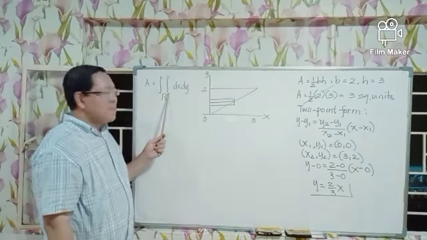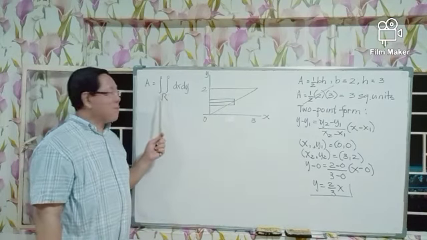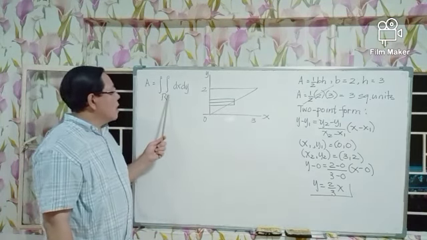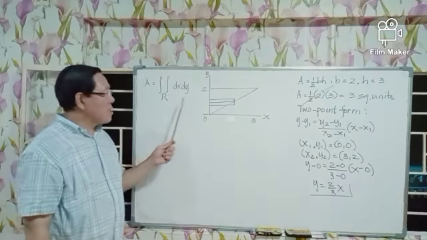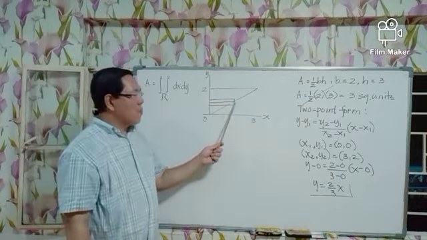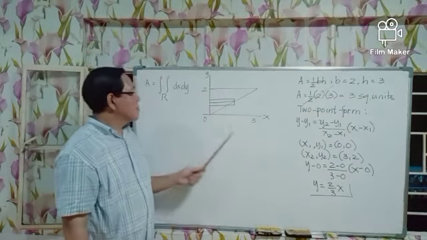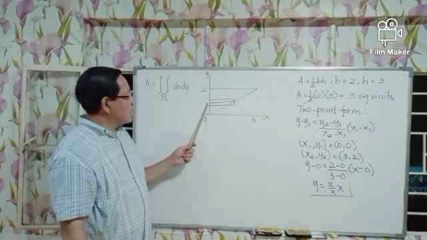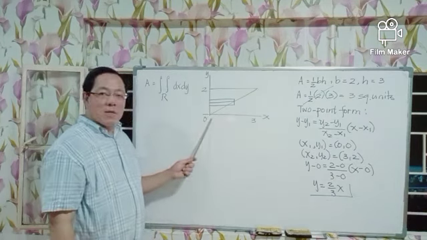And the second integral from the left will have limits for values of x from the value of x at this point to the value of x at this point. And the value of x at this point is 0.